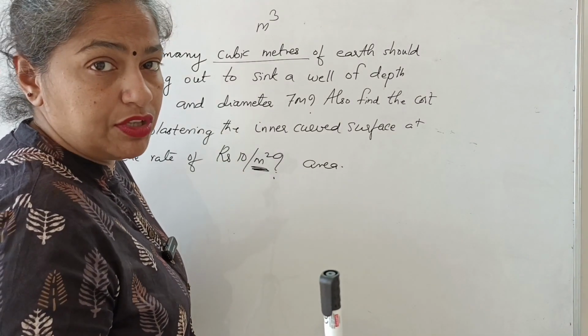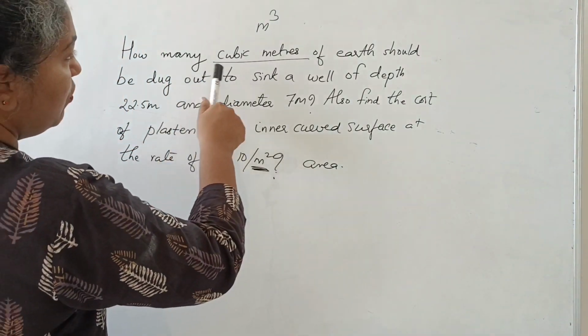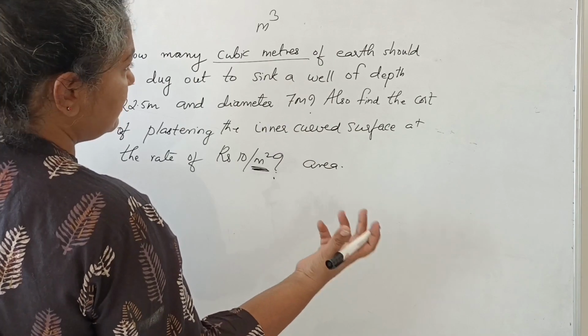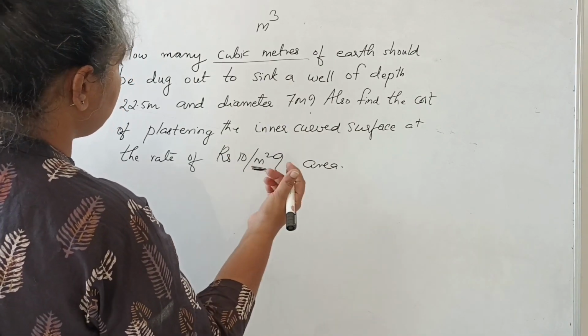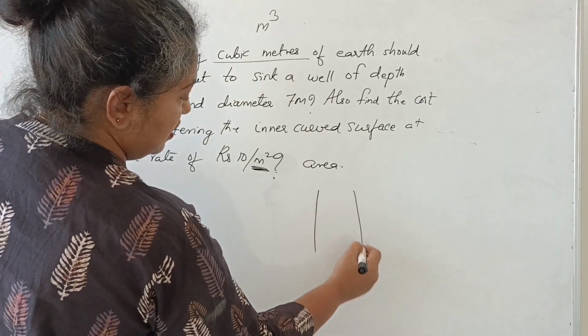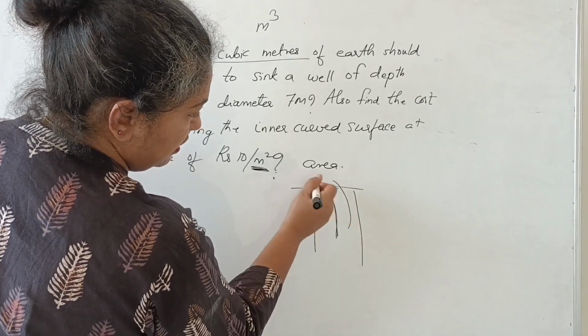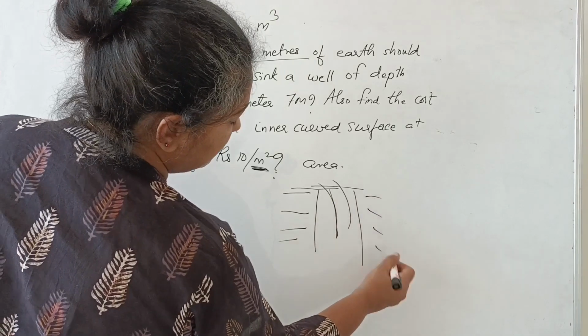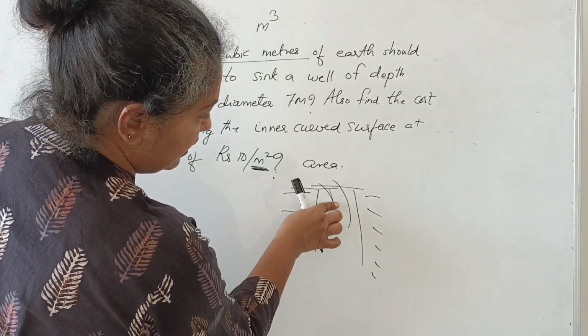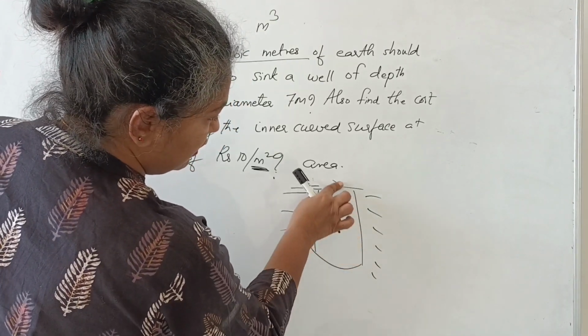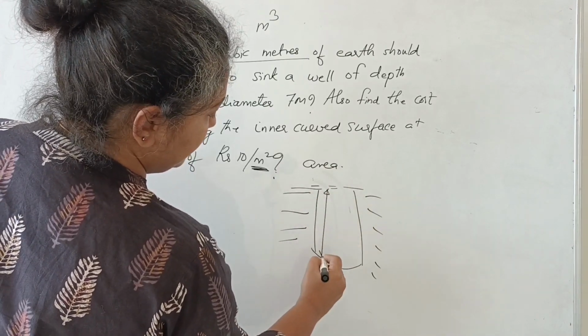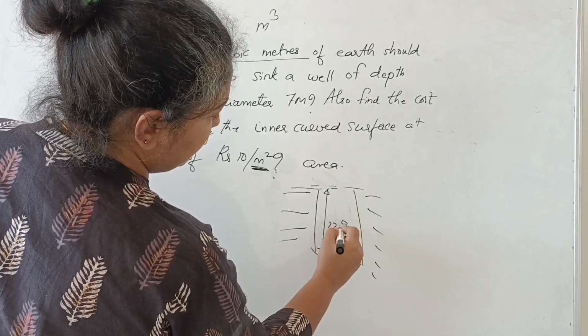So, now let us deal with the first part. How many cubic meters? What's the volume of the earth that should be taken out to sink a well of depth 22.5 meters? So, if this is a well and this is the earth over here, earth needs to be taken out from here. Okay. So here everywhere it is earth or soil, basically you are taking it out and you are having a well over here. They are telling you this depth is 22.5 meters.